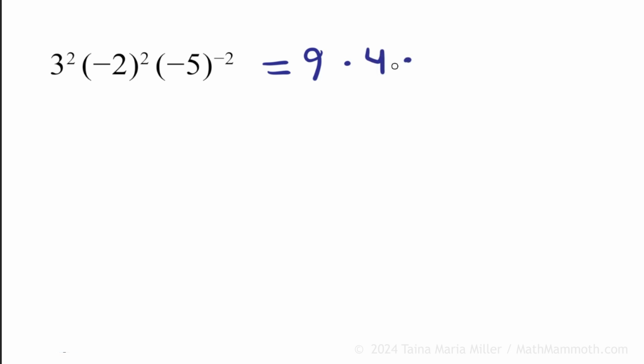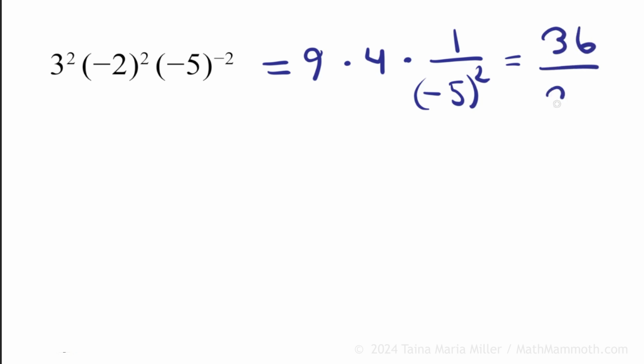Here's a negative exponent here. So this is going to be a fraction. All right, 1 over, and this base number here, -5, to the positive exponent, 2. So what do we get? What do you get? 36 over 25. Good job.